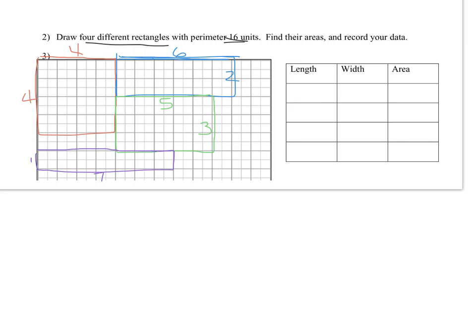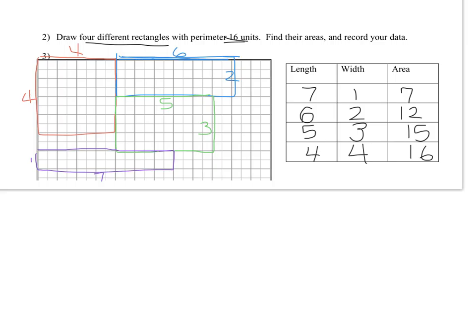And let's write down what I've got. I'm going to start with the one with the longest length. Length is 7, width is 1, area is 7. The next longest has a length of 6, width of 2, area of 12. The next one, length of 5, width of 3, area of 15, and then my 4 by 4 area of 16.